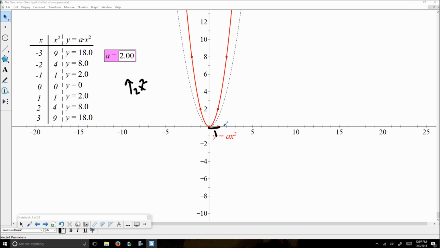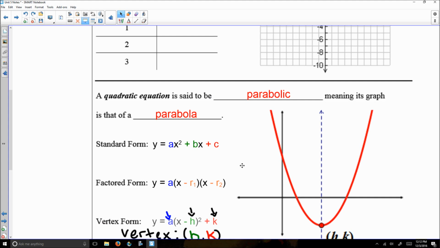So when I go over 1, I go up 2 times 1 squared, or 2. When I go over 2, I go up 2 times 2 squared, or 8. We can exploit this pattern every time we have a different value for a.